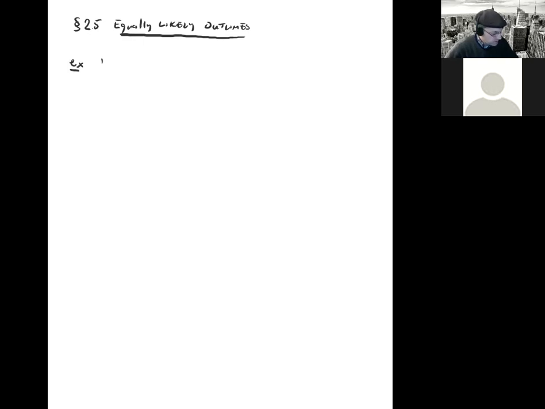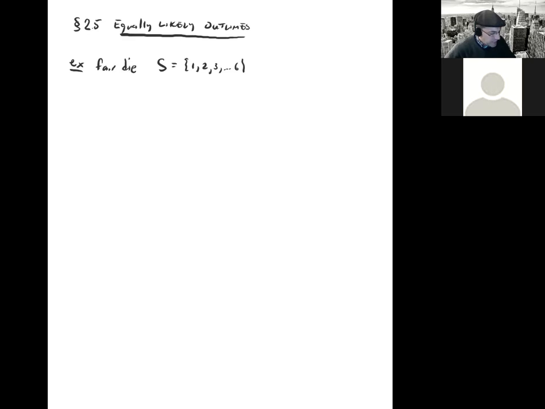Suppose I have a fair die, and the sample space then is the integers from 1 to 6. Now, in the case of a fair die, the probability of getting 1 is equal to the probability of getting 2.